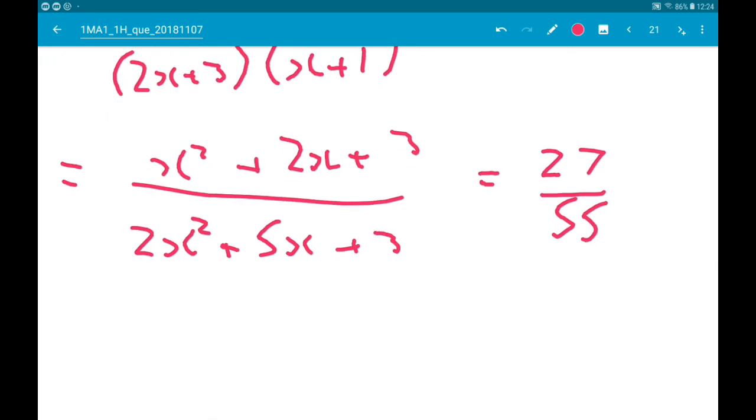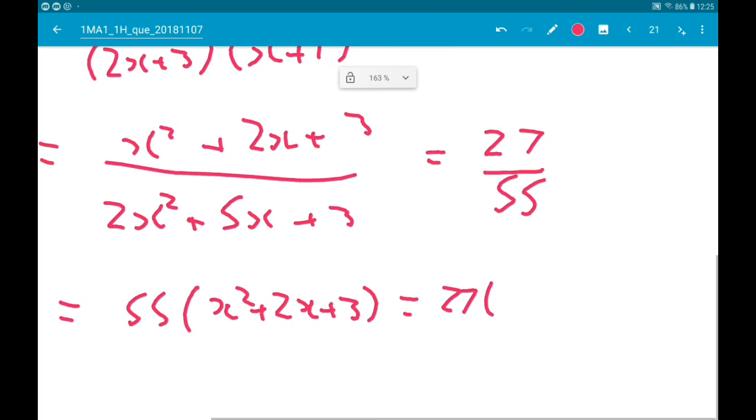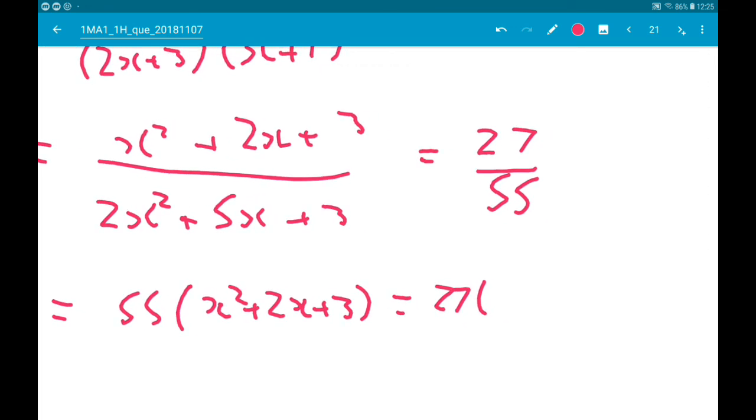So we're going to get 55 times (x squared add 2x add 3) is equal to 27 times (2x squared add 5x add 3).